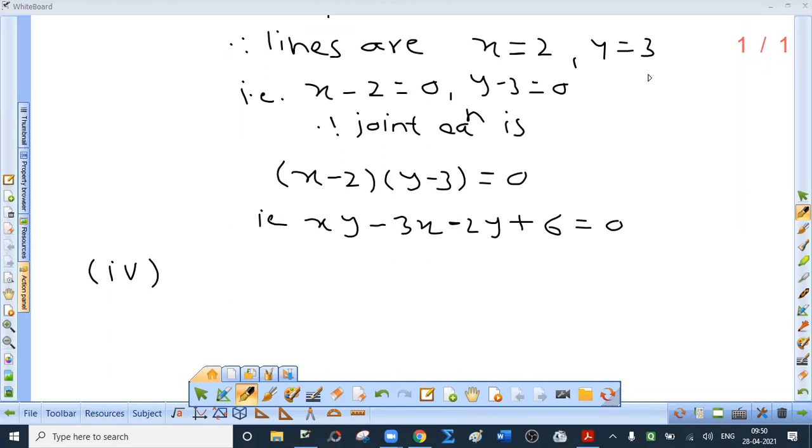And that of x minus 3y plus 2 equal to 0 is minus 1 upon minus 3 equal to 1 by 3.